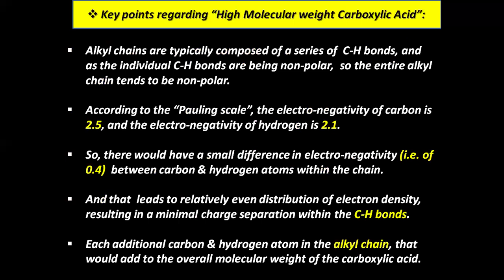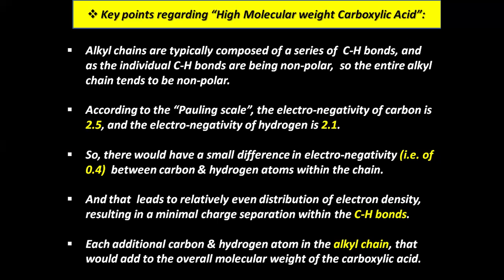Alkyl chains are typically composed of a series of CH bonds, carbon and hydrogen bonds, and as the individual CH bonds are non-polar, the entire alkyl chain tends to be non-polar. According to the Pauling scale, the electronegativity of carbon is 2.5 and that of hydrogen is 2.1.